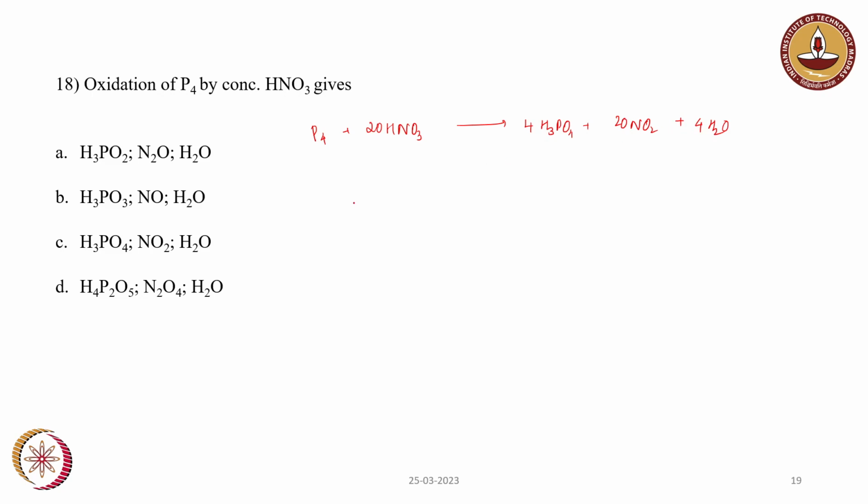If it was reacting with sodium hydroxide, it will be P4 plus 3 NaOH plus water, it will form PH3, phosphine. So the question was P4 reaction with HNO3 gives H3PO4, NO2 and H2O. So option C is the answer.